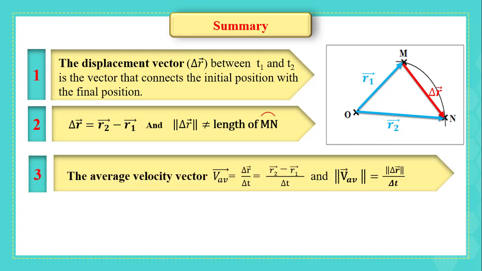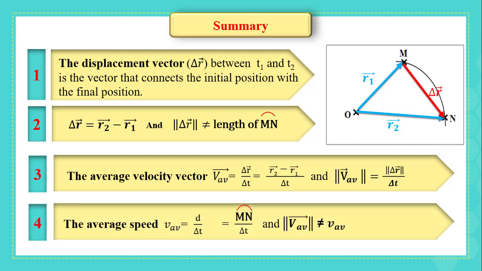The average velocity vector V average is equal to delta r divided by delta t, which is equal to r2 vector minus r1 vector divided by delta t, and its magnitude is equal to the magnitude of the displacement vector divided by delta t. 4. The average speed is equal to the distance covered divided by delta t, which is equal to the length of the arc MN divided by delta t, and pay attention that the magnitude of the average velocity vector is different from the average speed.